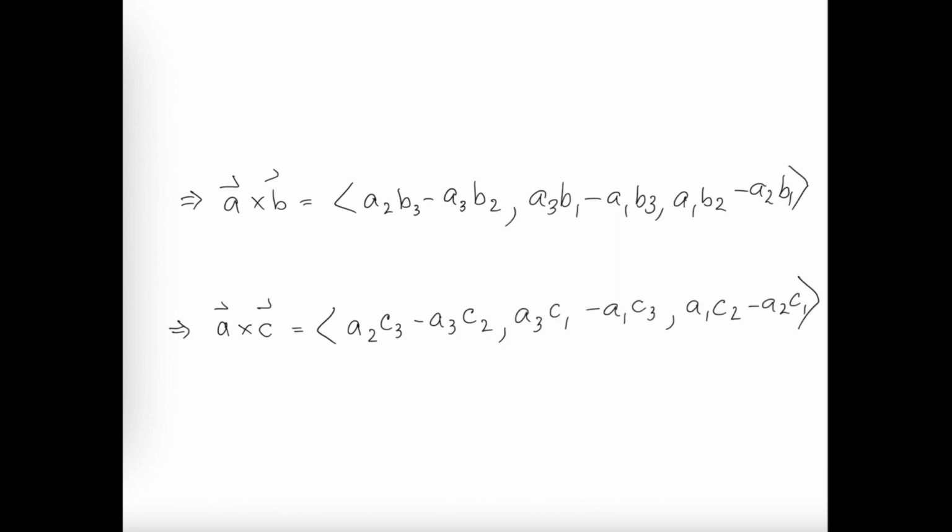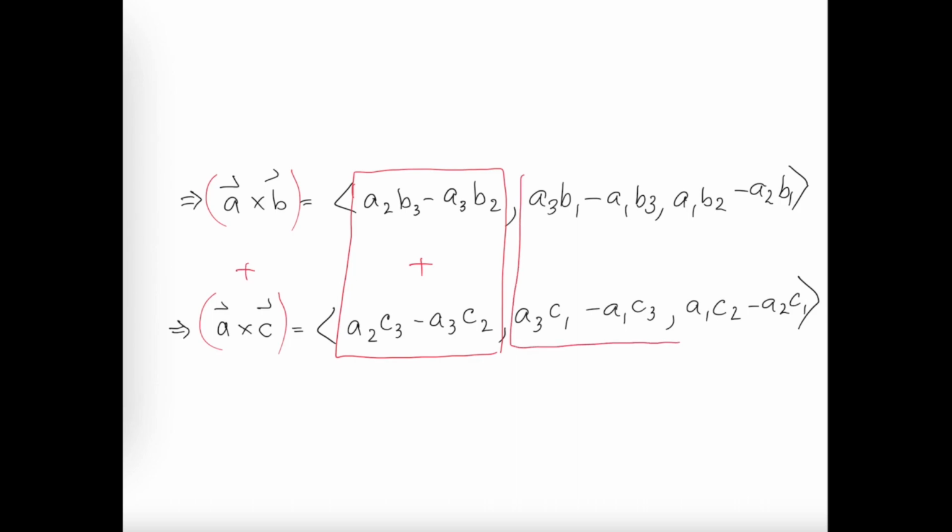So what we're trying to get towards is an I component that looks like essentially these two things added together, right? Because we want the cross product of A and B added to the cross product of A and C. So it's going to be essentially adding those components together. So we want to see if where we are with our current process is the same as these things added together.